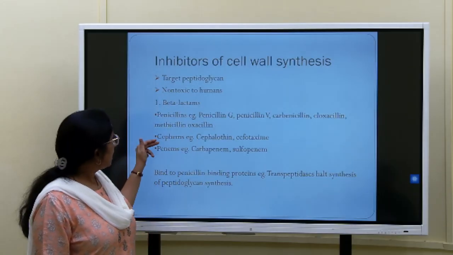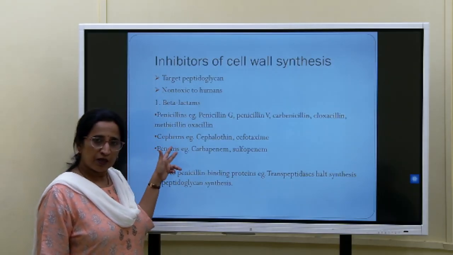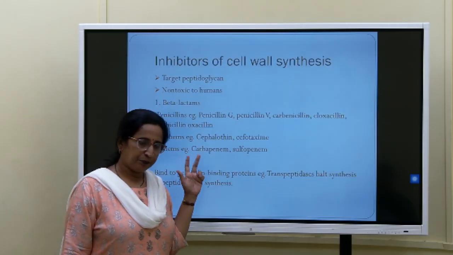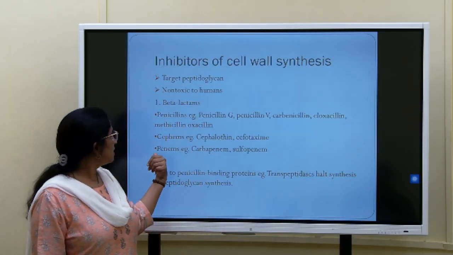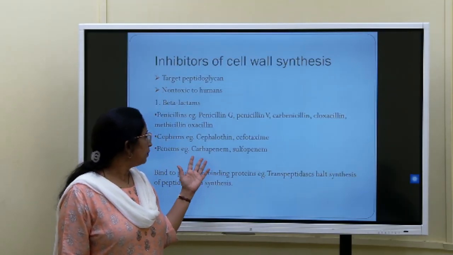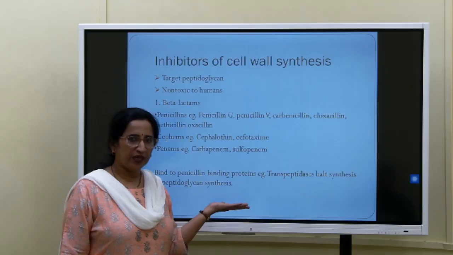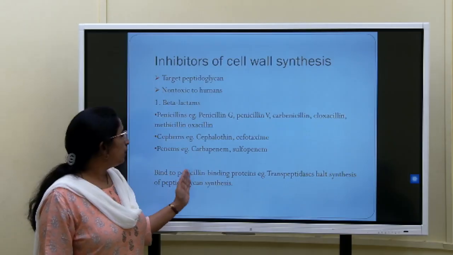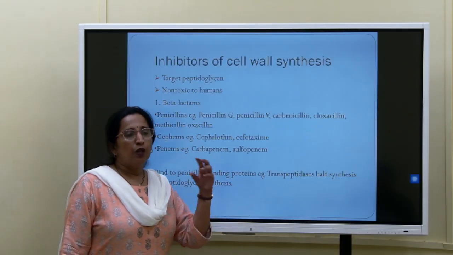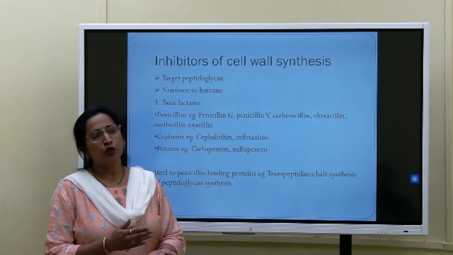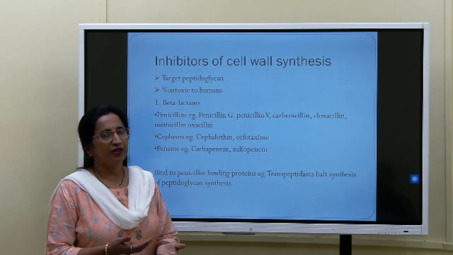The second subclass under this are the cephems. Examples of cephems are cephalothin and cefotaxime. Another class of beta-lactams is the penems. Under penems, there are examples like carbapenem and sulfopenems. All these act by binding to penicillin binding proteins. The bacterial cell walls contain penicillin binding proteins, or PBPs in short, of many different types.